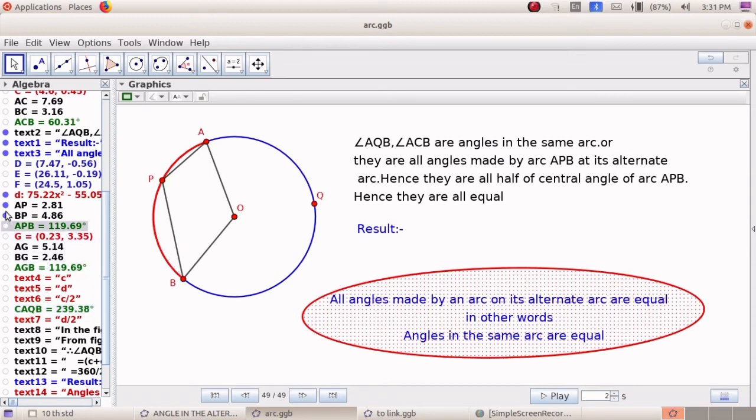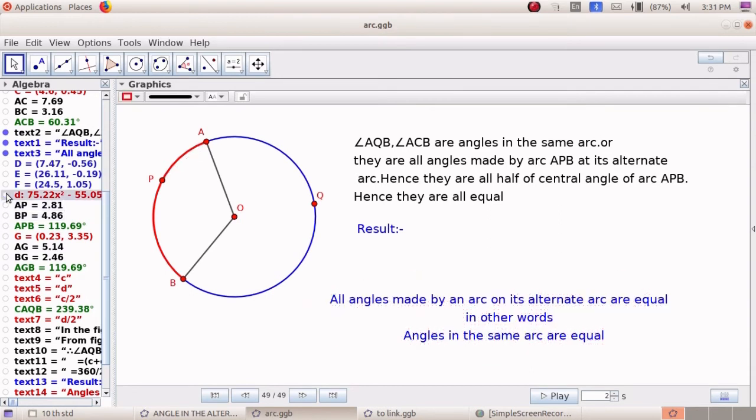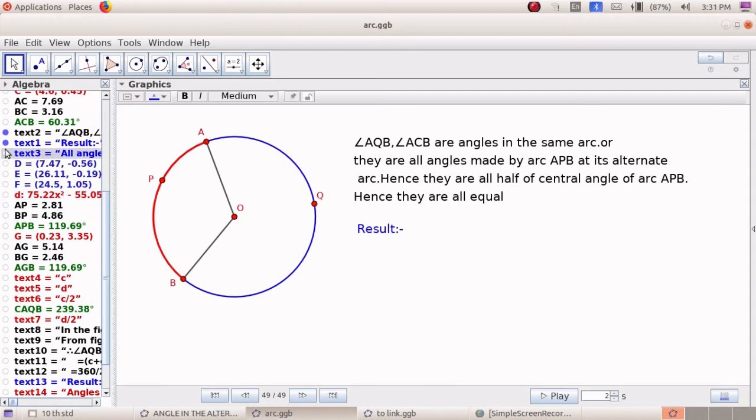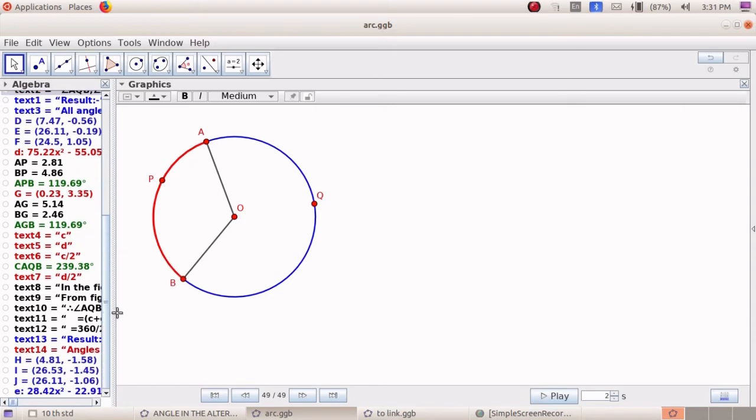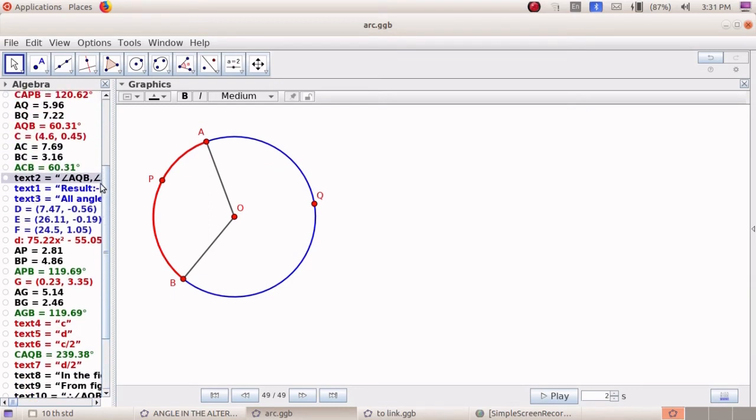The sum of the central angle of an arc and its alternate arc together determine 360 degree, that we have already discussed. Consider arc APB. Its central angle is angle AOB.